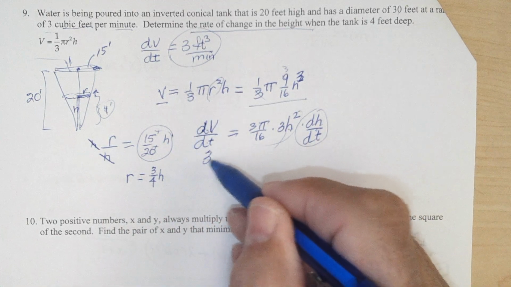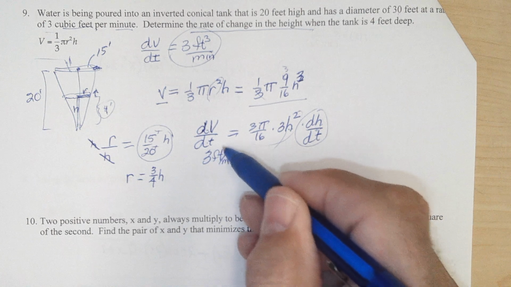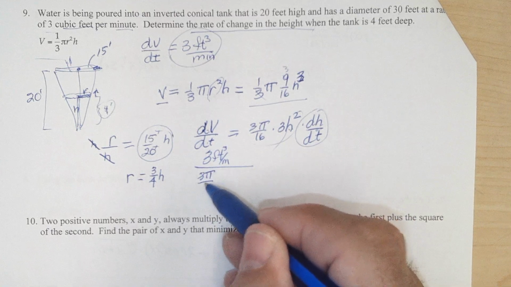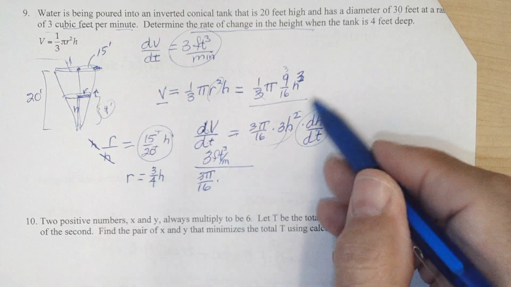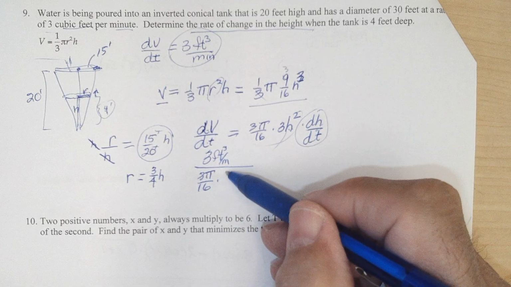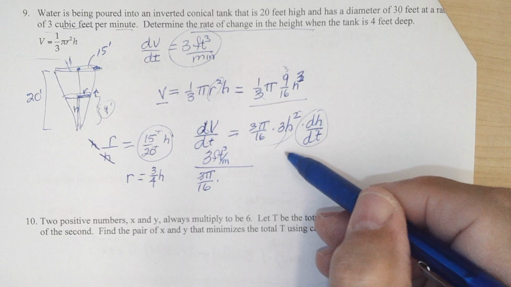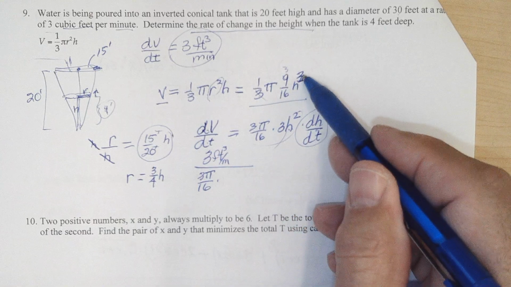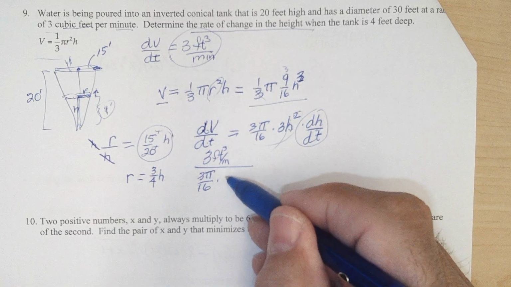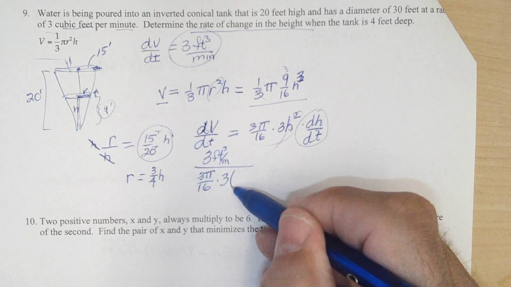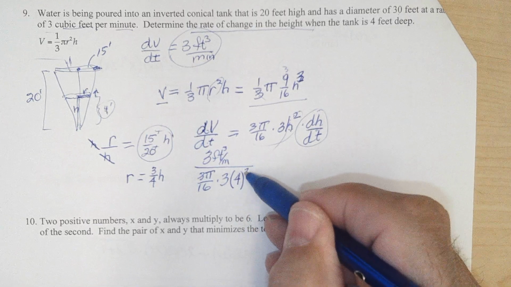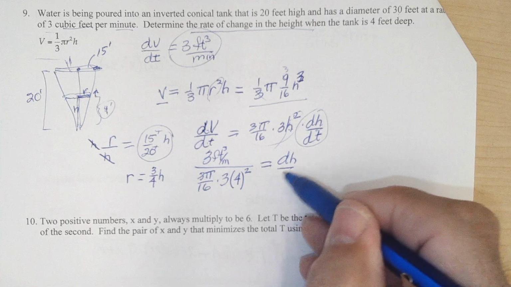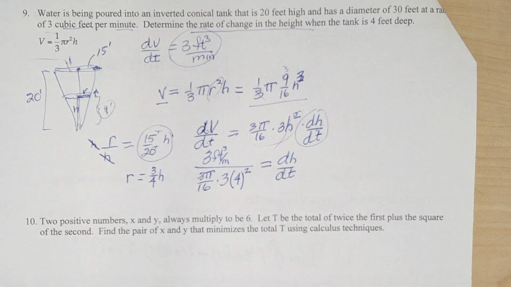So we have 3 cubic feet per minute, divided by 3 pi over 16 times 3h squared, and h is 4 squared, and that will be dh/dt. That's kind of messy.